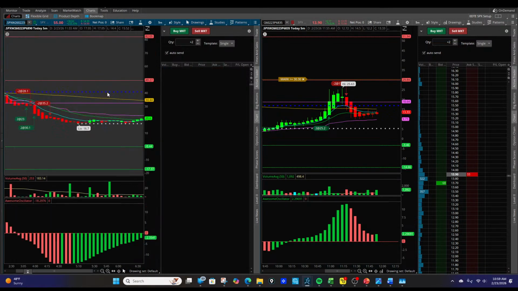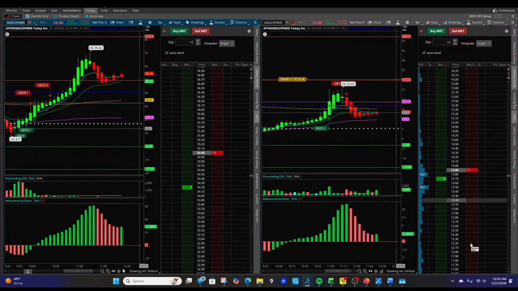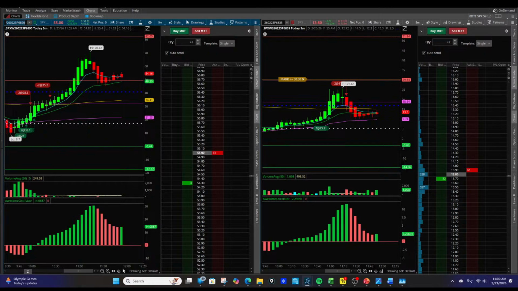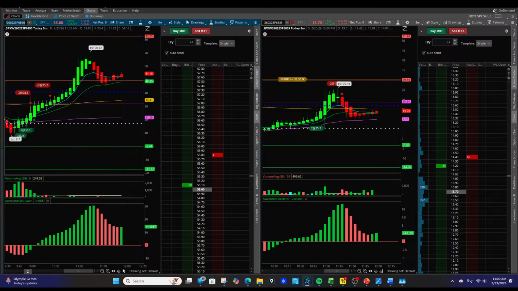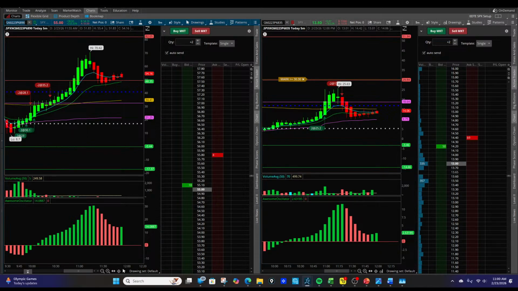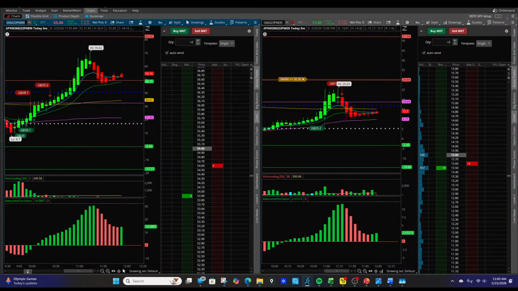Okay, so some things I'm noticing right now is the volume has gone way past the average. And now it's starting back again because we got the new candle.